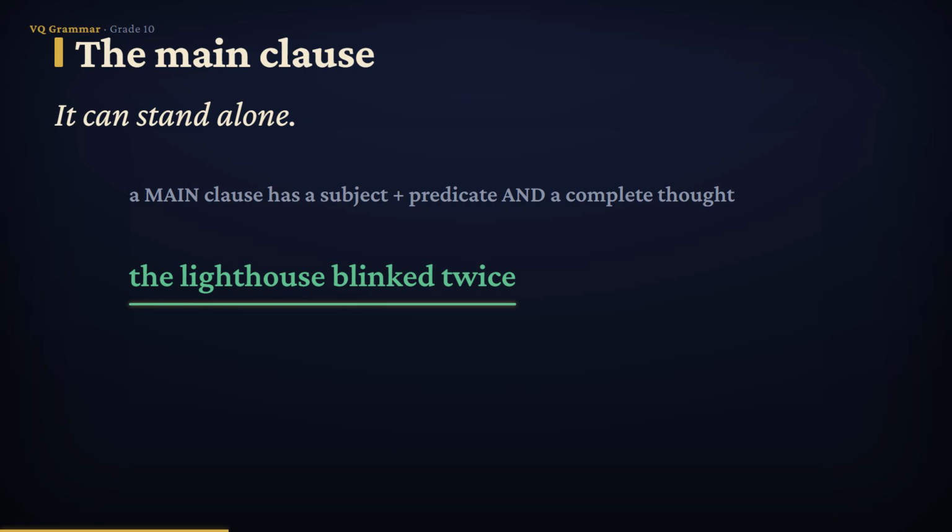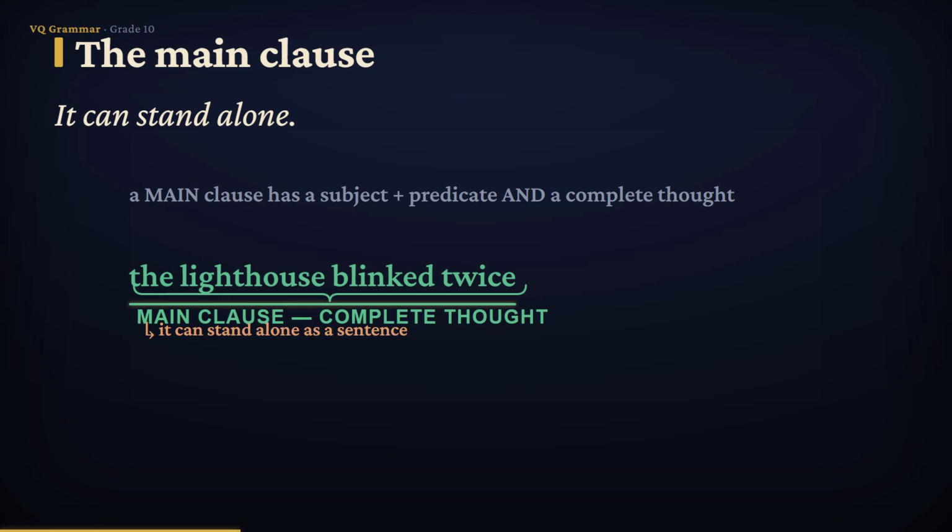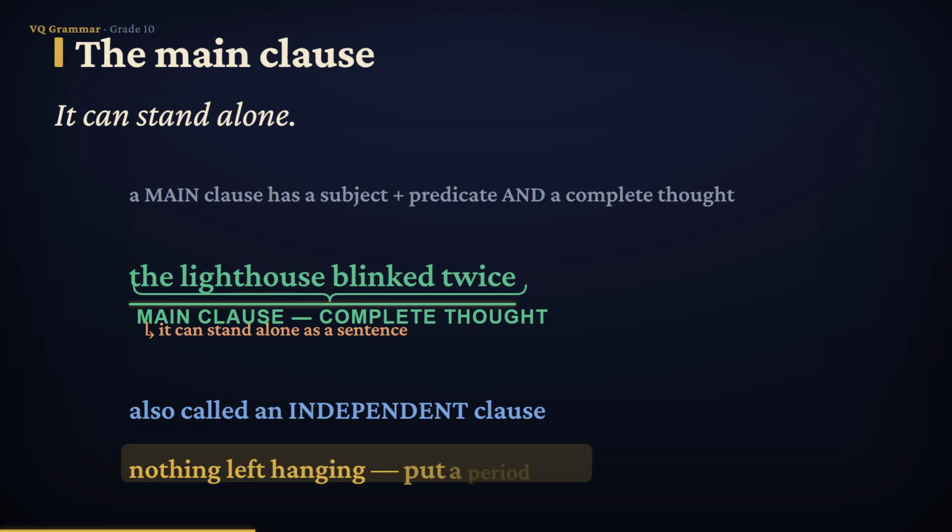And when I stop speaking, your mind isn't waiting for anything more. The idea is finished. Because it can stand on its own two feet as a full sentence, a main clause is also called an independent clause. Independent because it doesn't lean on anything else. Put a period at the end, and you are done.